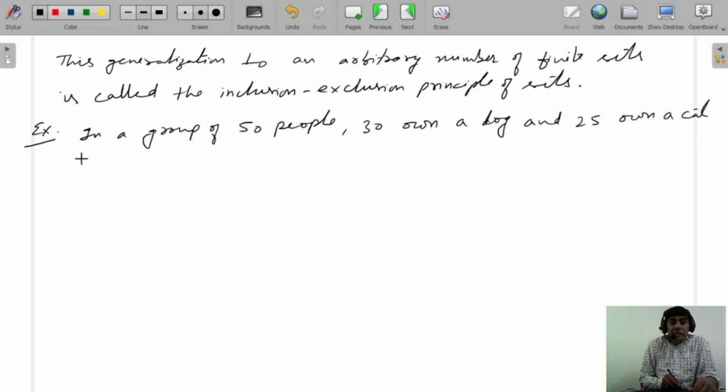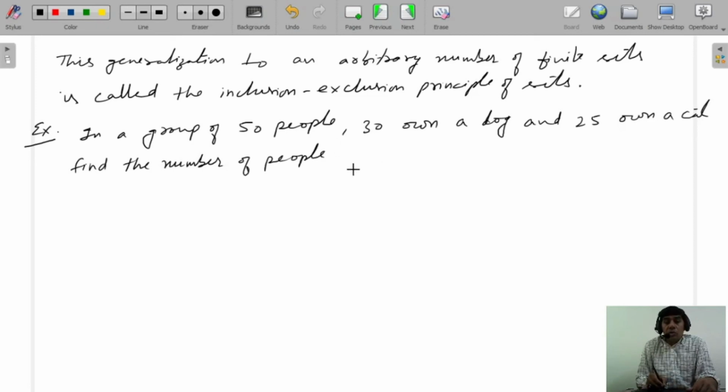Find the number of people who own a dog and a cat both.